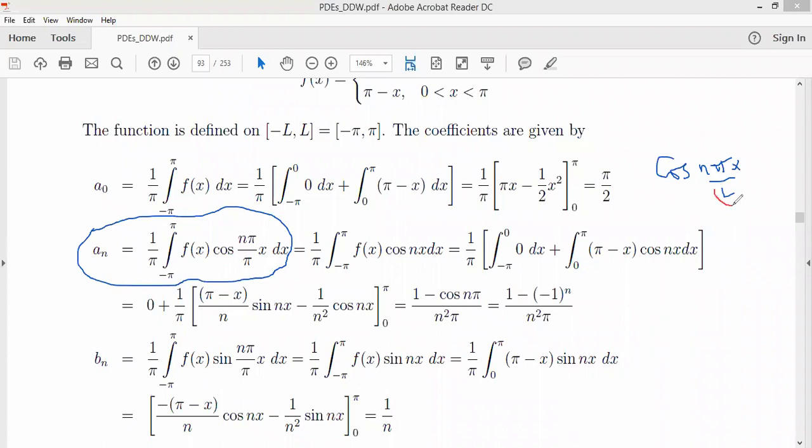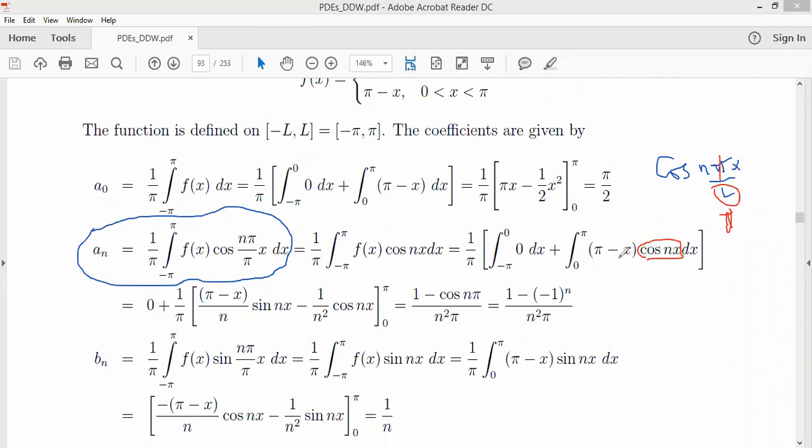This L here in the denominator is pi. So when you substitute L with pi, this pi will cancel with that pi, and you remain with cos nx. That's how you end up with this. That is direct. But now you have to be mindful of this cos nx, because we'll look at that after substituting.